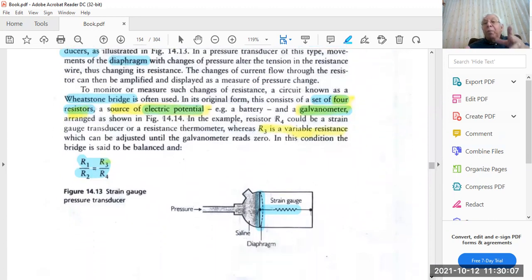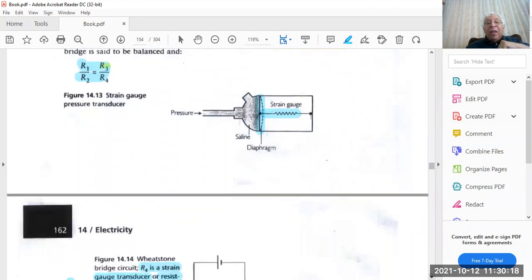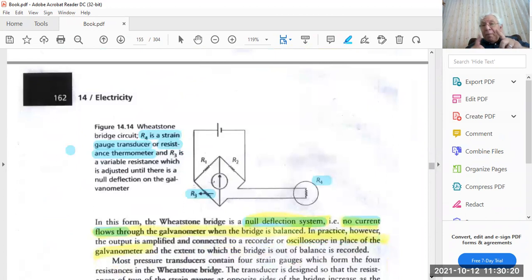The second most important item in this subject, apart from the electromagnetic flow meter and the defibrillator, is what we call the Wheatstone Bridge. The Wheatstone Bridge is a four-armed bridge which is attached to a power source, as you see, a battery. These four arms create what we call null deflection.